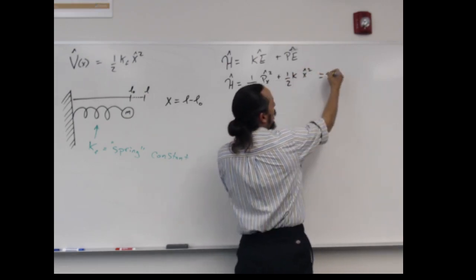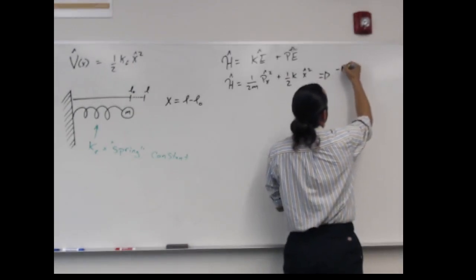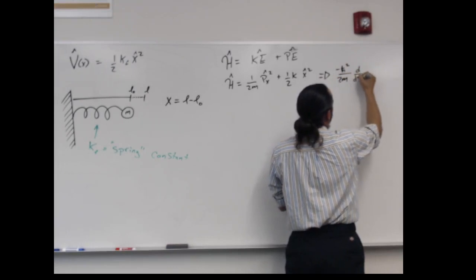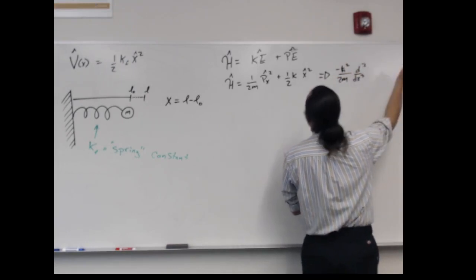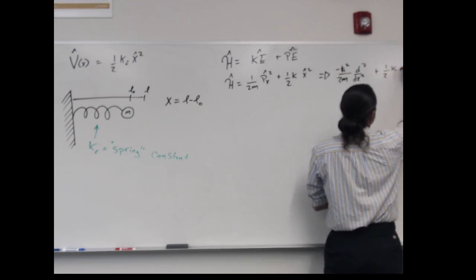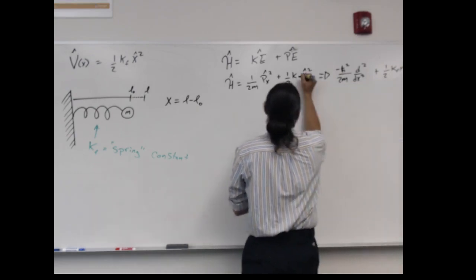Or if I plug in our definition for p_x, this would be negative h bar squared over 2m d by dx squared plus 1/2 k_f x squared.